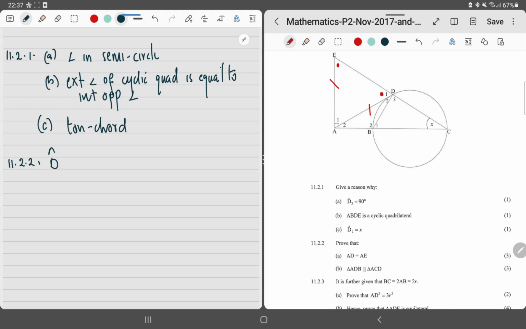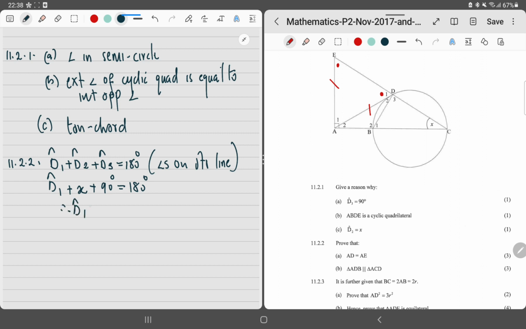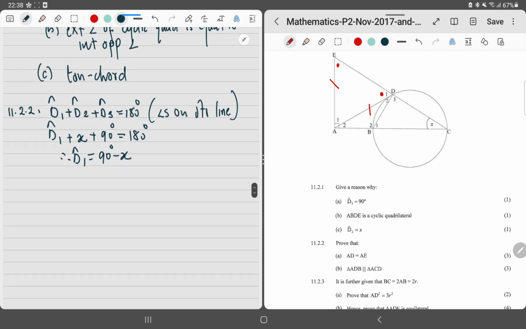Well, D1 plus D2 plus D3 is equal to 180 degrees, angles on a straight line. D1 plus D2 is X, and D3 is 90 degrees. Therefore, D1 is equal to 90 degrees minus X.